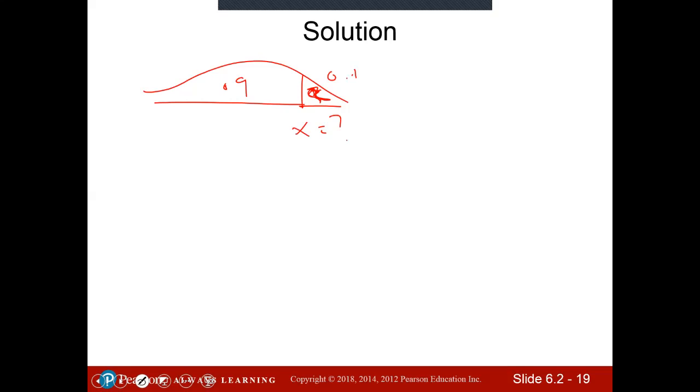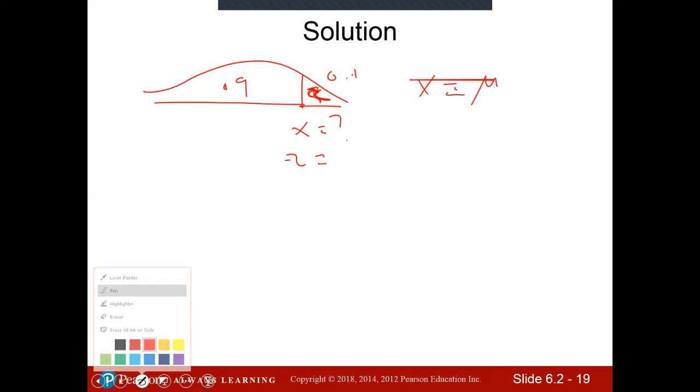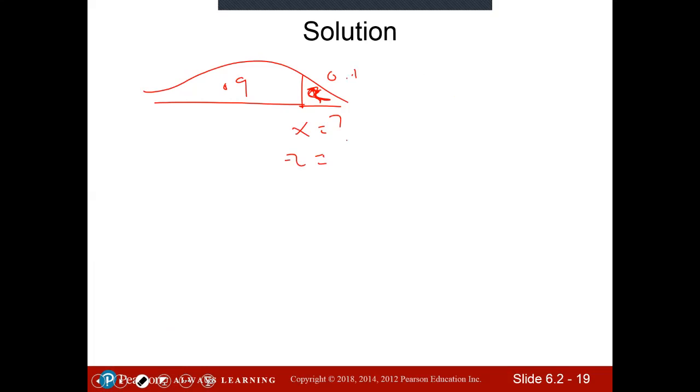But I can find Z. If I know the Z-score for this, then I can use the formula X is equal to mu plus Z times sigma.